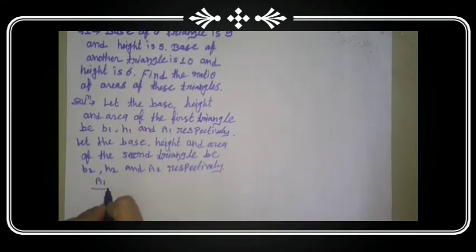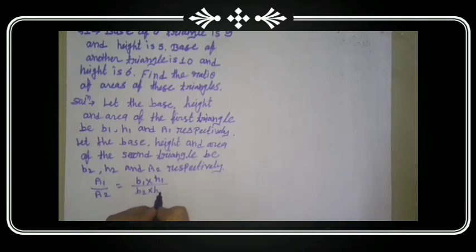Therefore, A1 divided by A2 equals B1 into H1 divided by B2 into H2.